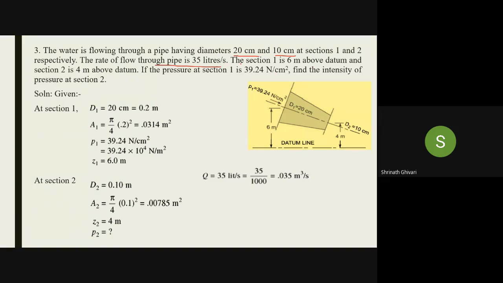Section 1 is 6 meter above the datum line, and section 2 is 4 meter above the datum line. If the pressure at 1 is 39.24 Newton per centimeter square, find the intensity of pressure at section 2.